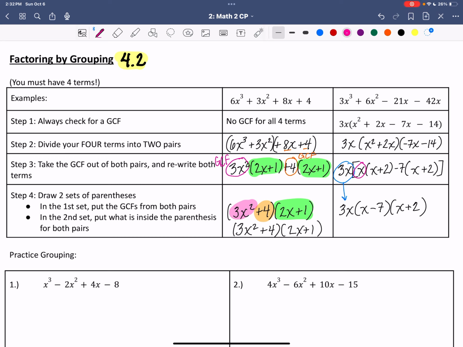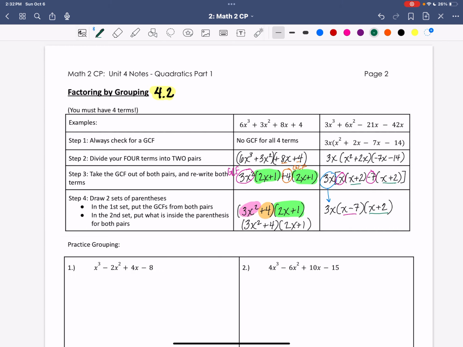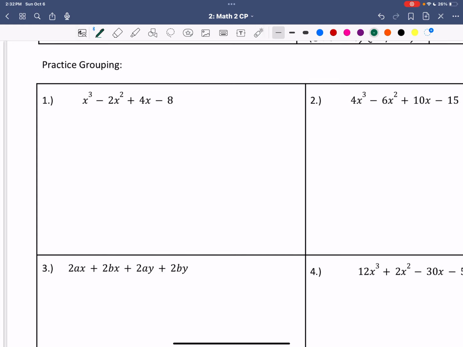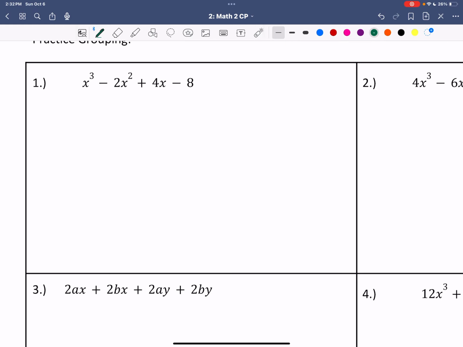And then that's going to go with this GCF, which is negative 7. And then for the next one, I'll do green. I've got this guy and this guy, which goes here. So when you rewrite it, if you were to multiply all this together, you would get 3 times x minus 7 times x plus 2. So it's a lot of steps, and you have to be very careful when you're factoring. So let's go ahead and do number 1.